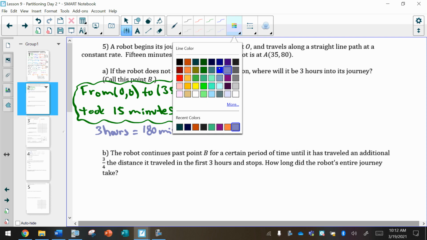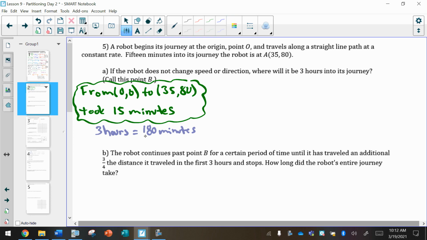So if I take my 180 minutes for the full 3 hours of time, divide it by 15, then I'll know how many of these distance intervals it will take to make a full 3 hours. So 180 divided by 15 is 12. So it's going to take 12 15-minute time intervals to make 3 hours worth of distance.